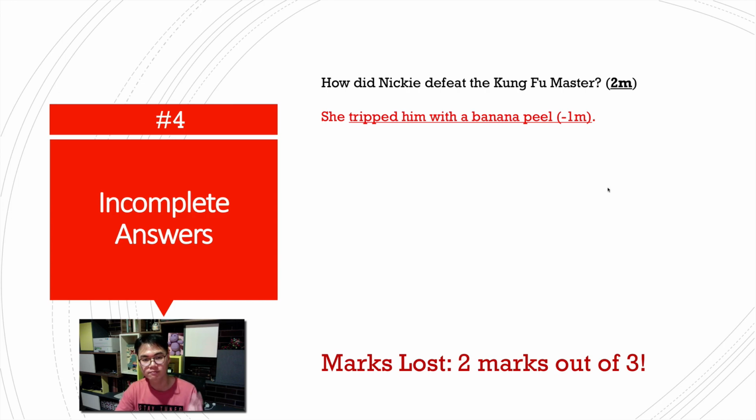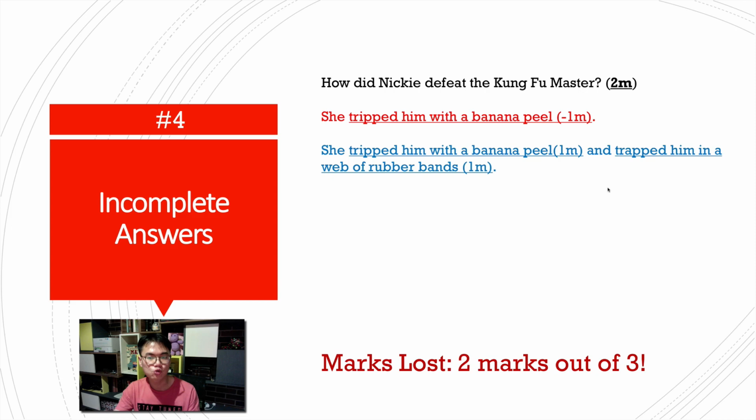In this case, we find 2 actions contained in the correct full 2-mark answer. She tripped him with a banana peel, 1 mark, and trapped him in a web of rubber bands, another mark. Okay, so 2 marks here.